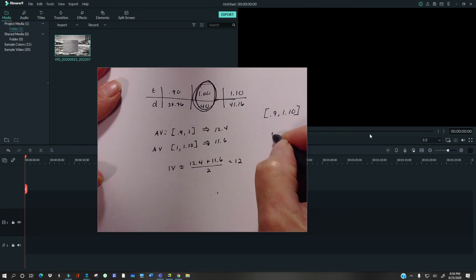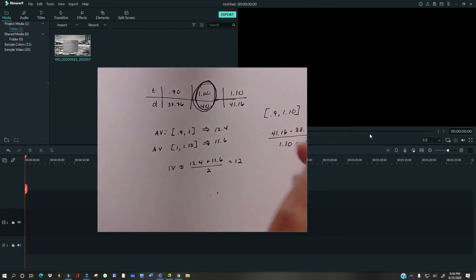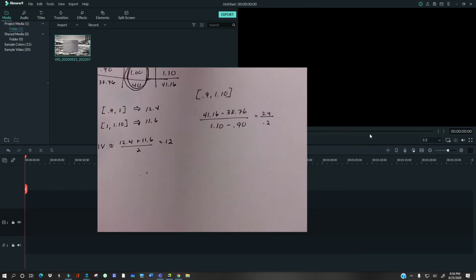So if I did 41.16 minus 38.76 over 1.10 minus 0.90, then in the numerator I'm going to have 2.4, right? And 1.1 minus 0.9 is 0.2. And if I do 2.4 divided by 0.2, I get 12.